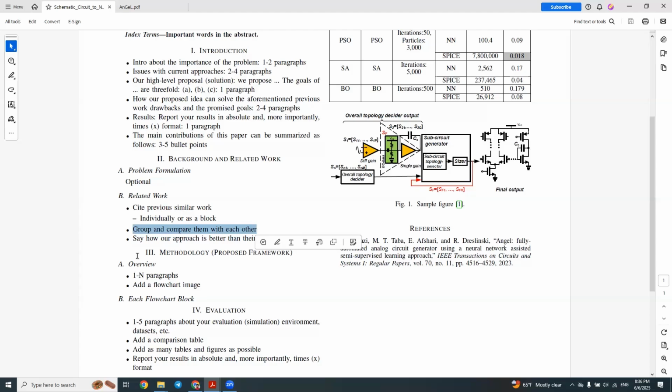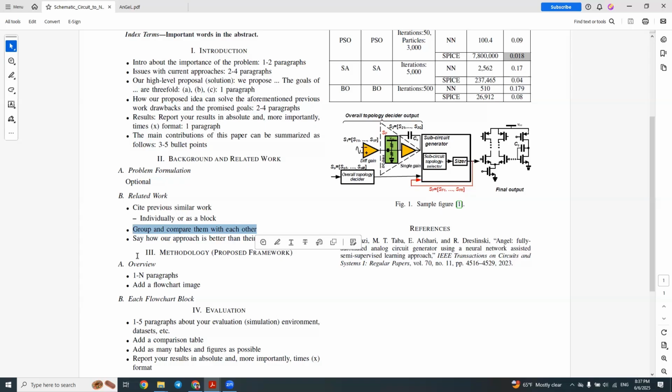For instance, for analog circuit design automation, some approaches were using a simple DNN, some were using a graph neural network, some were using Bayesian optimization. So it's very good that in each paragraph we say that these works have been using, for instance, Bayesian optimization, we group them, and we compare them with each other and with our work.